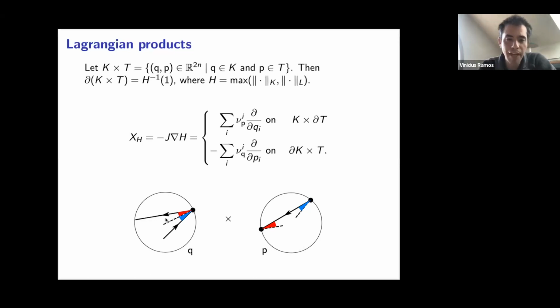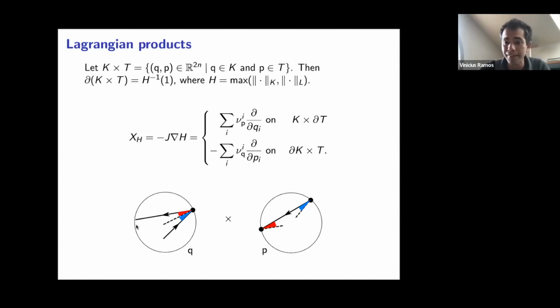But the reflection on the K side, the reflection law, can be understood in terms of the geometry of T. And vice versa, if you keep looking at this trajectory in T, the bouncing here will be determined by the geometry of K. So these are intertwined, generalized billiard trajectories. That's one reason why Lagrangian products are so interesting.